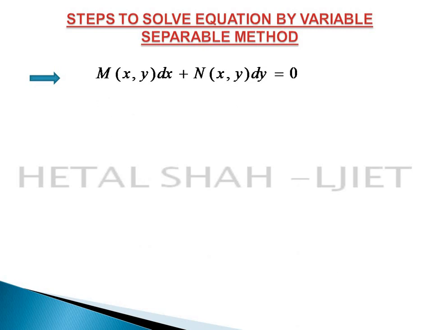First, we have the given differential equation in the form M(x,y) dx + N(x,y) dy = 0, where M and N are functions of x and y. In the next step, we rearrange it in the form M(x) dx + N(y) dy = 0, which means the function of x with dx and the function of y with dy.